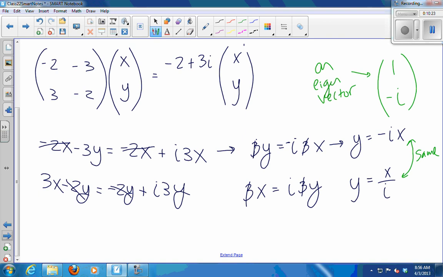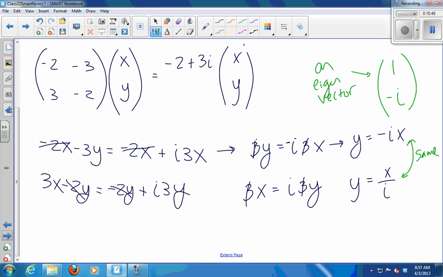So we have an eigenvalue and an eigenvector, and I have another eigenvalue. I have to find its associated eigenvector. Let's see. I'm actually not going to do that because it's going to turn out that we only need one.